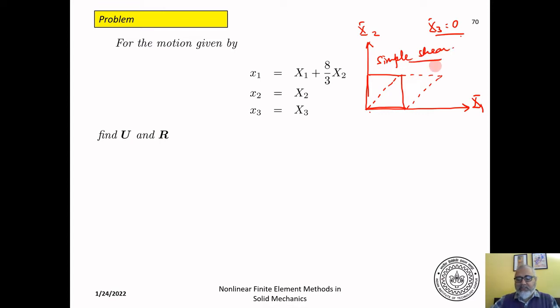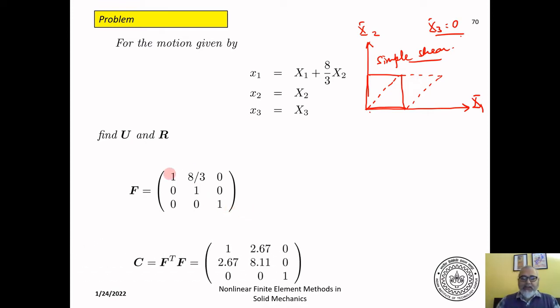Now let us get the F. So the F, of course, is this, easy to calculate. This is the F, and now we are going to do a polar decomposition of F. How do we do a polar decomposition of F? To do a polar decomposition of F, we first calculate C. Why do we do that?